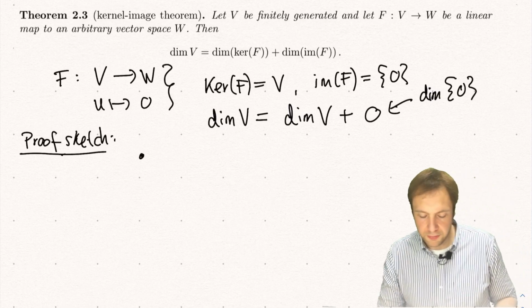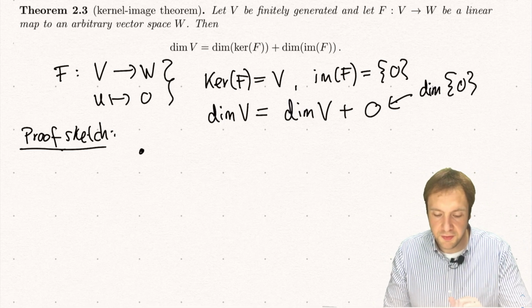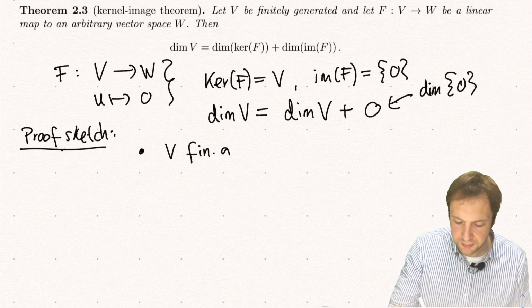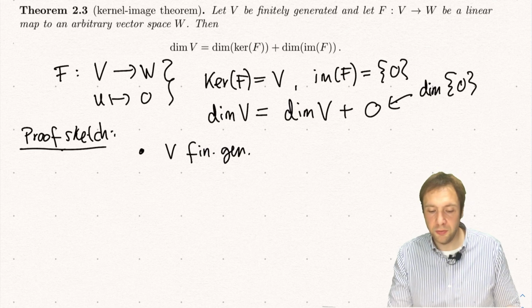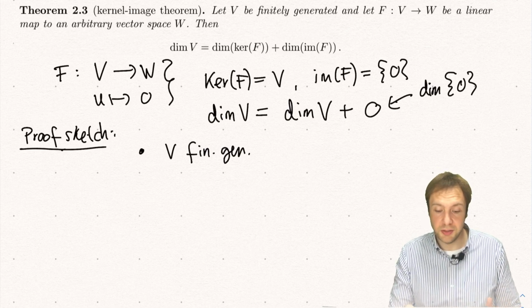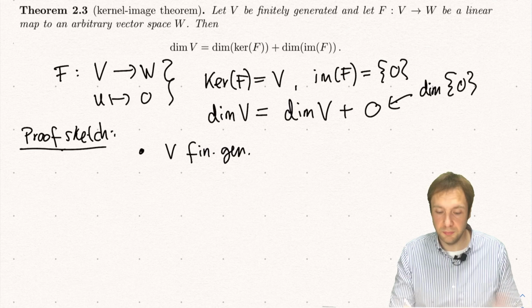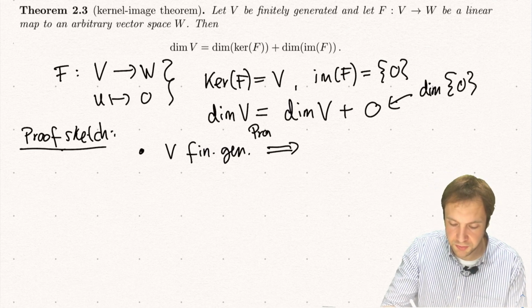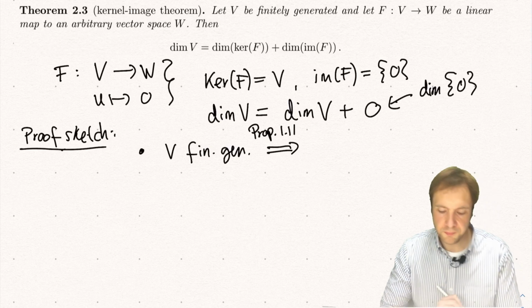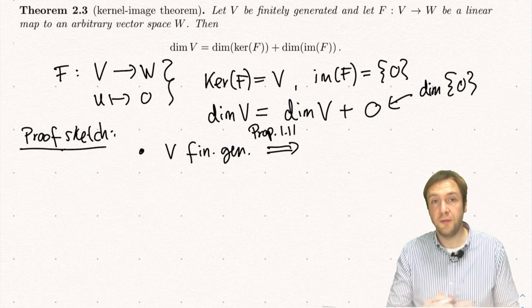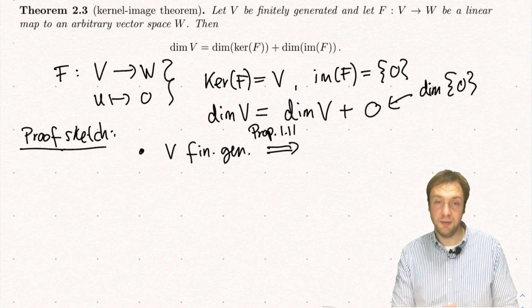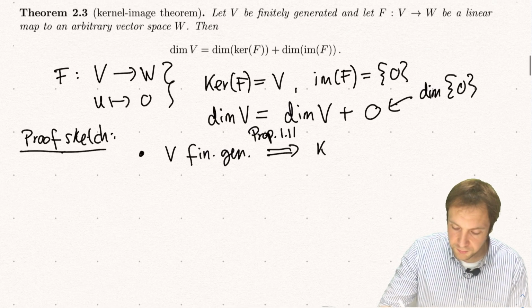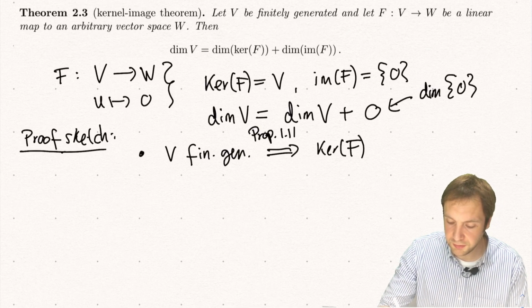Since V is finitely generated, we know that also the kernel of f is finitely generated, because the kernel of f is a subspace, and we saw last time in Proposition 1.11, I think, that if I have a subspace of a finitely generated vector space, then this subspace is also finitely generated.